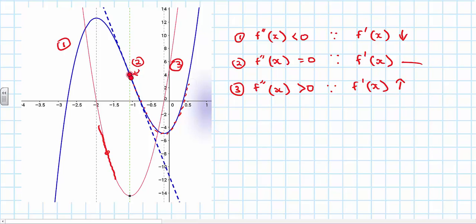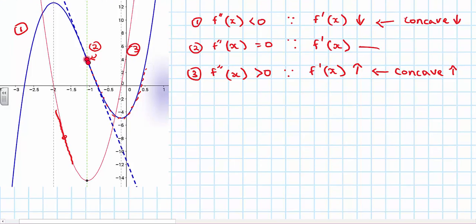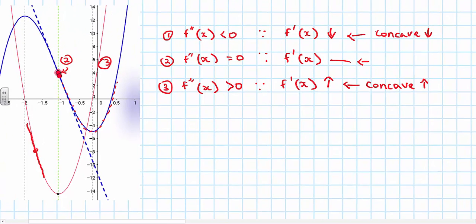And as I said before, this is referred to as concave down. This is referred to as concave up, and this second case is referred to as point of inflection.